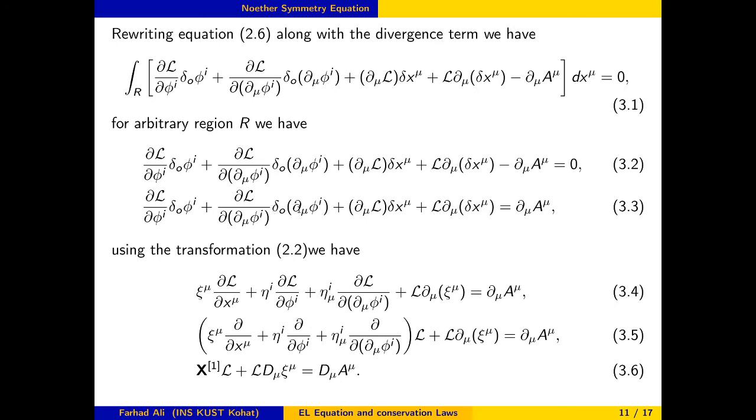We will first interchange these operators. This is delta mu delta naught phi I, so that delta naught phi I is eta I, and the derivative of phi I with respect to mu is phi I mu.